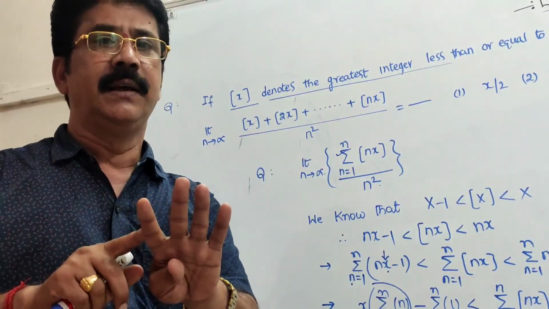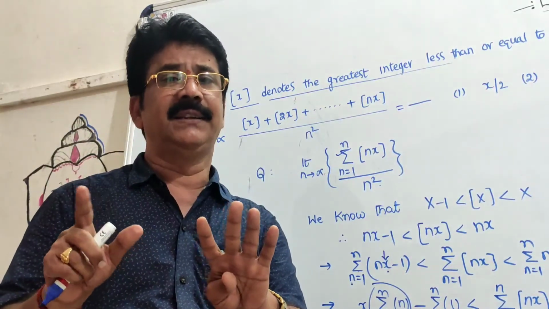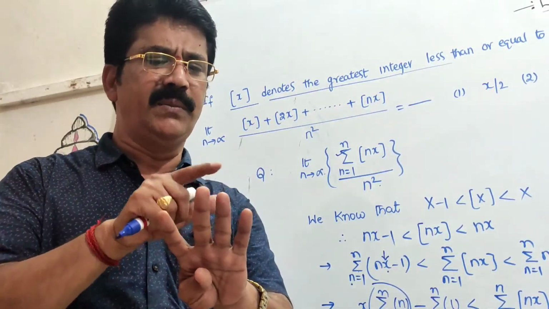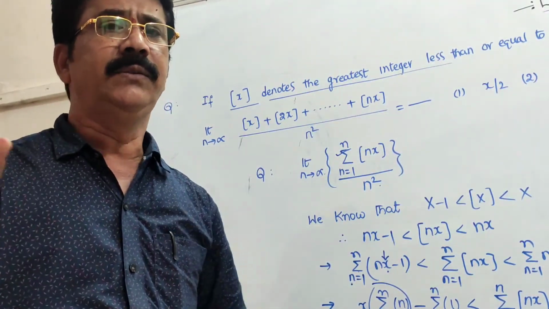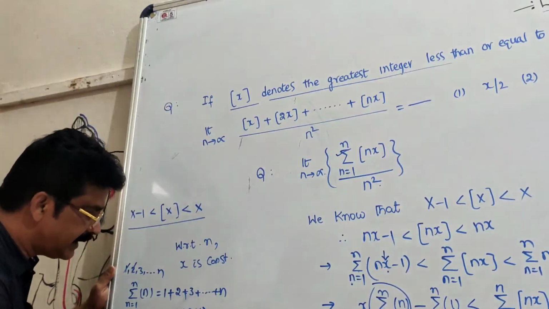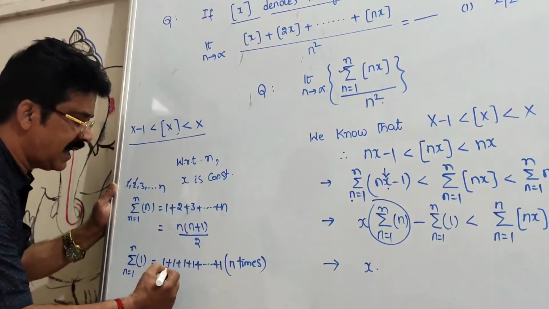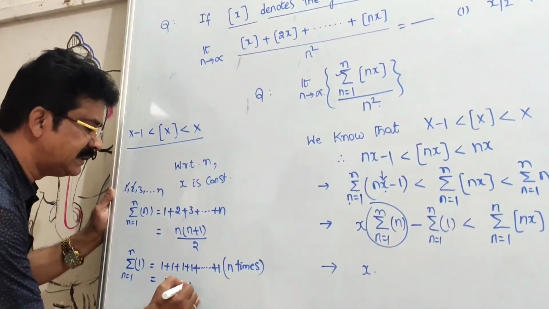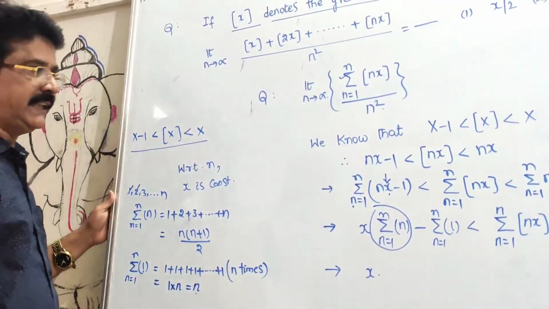In such a case, the sum is nothing but a product when the numbers are the same. So 1 plus 1 plus 1 plus 1 equals 1 into 4, which is 4. So the same number 1 added n times means 1 into n, so that is equal to n. So sigma 1 equals n.